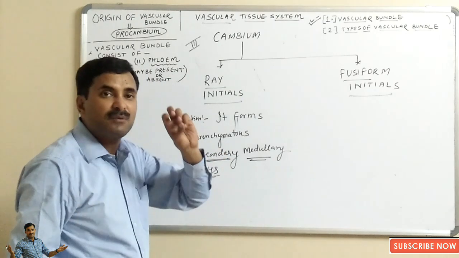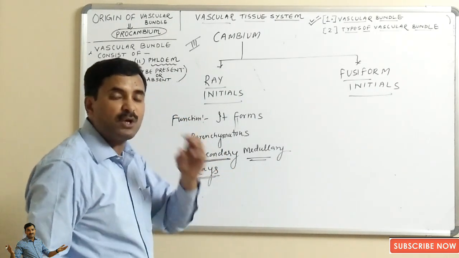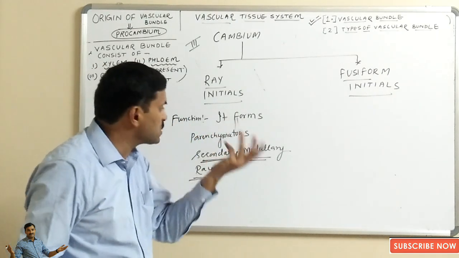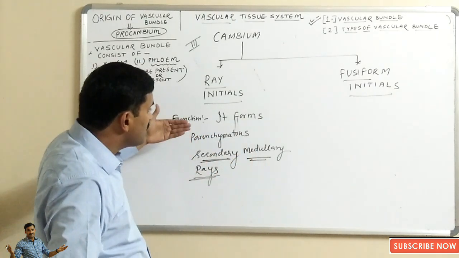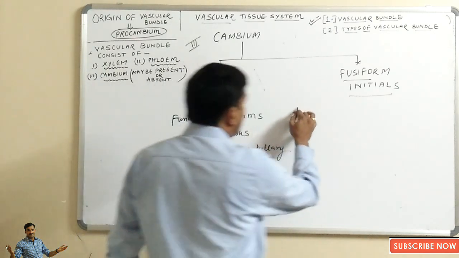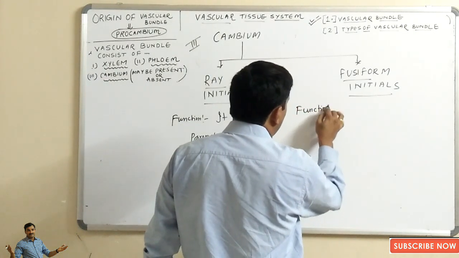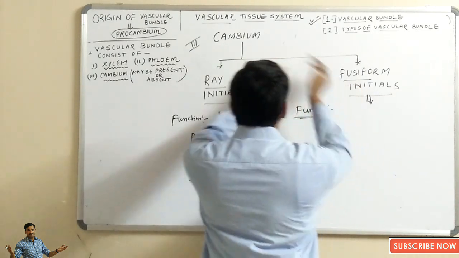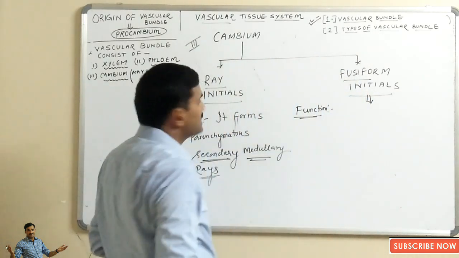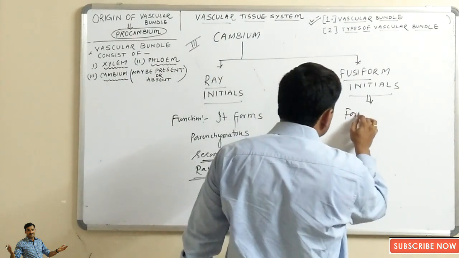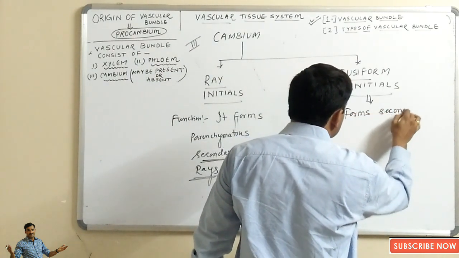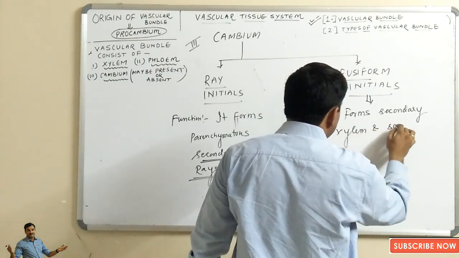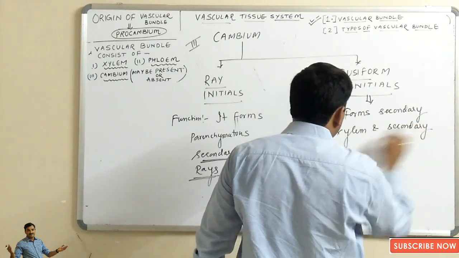What are medullary rays? Medullary rays are nothing but the pith rays, because as the pith is called the medulla, likewise the pith rays are also called medullary rays. So it forms the secondary medullary rays, and the very chief function of the fusiform initial is that these cells of the cambium form secondary xylem and secondary phloem.